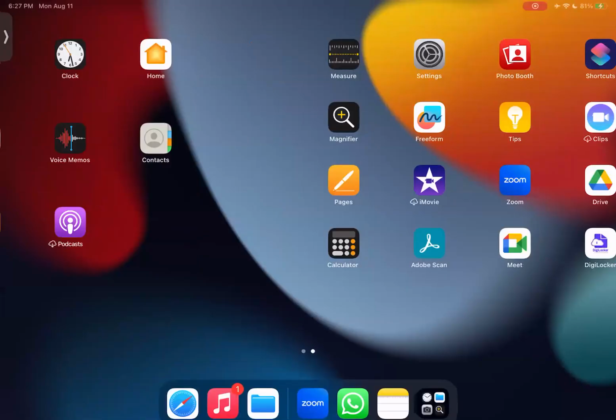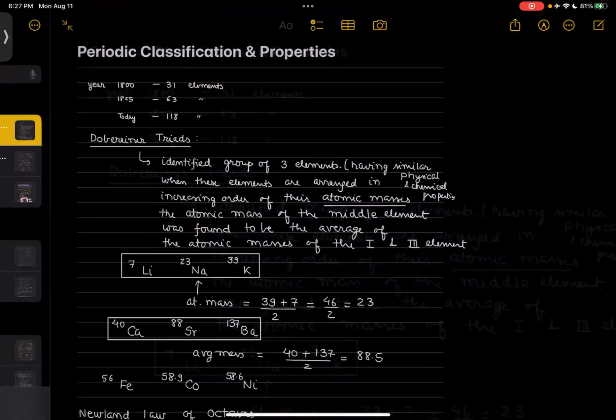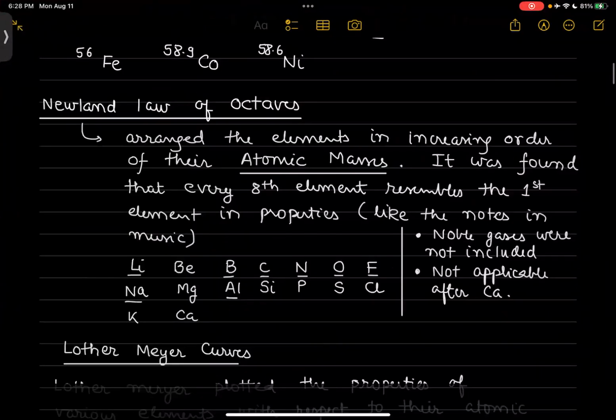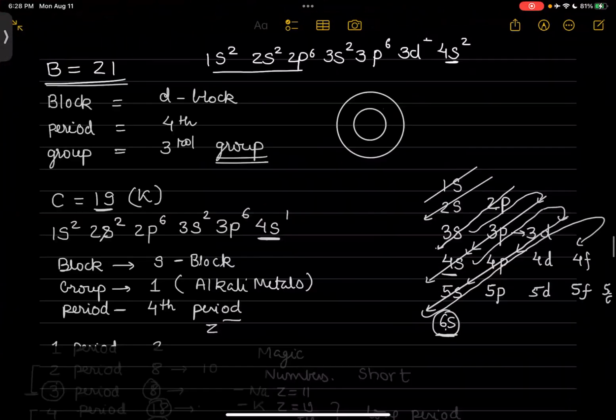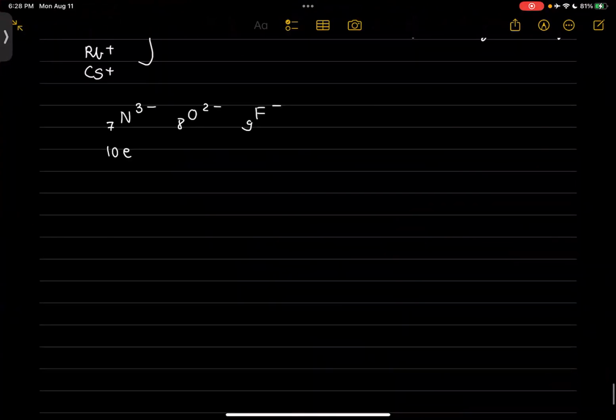All have the same number of electrons. Got it? Yes, sir. So what is going to be the size? In all 3 places you have 10 electrons, right? Yes. So tell me the size.